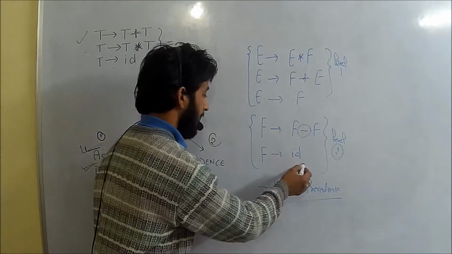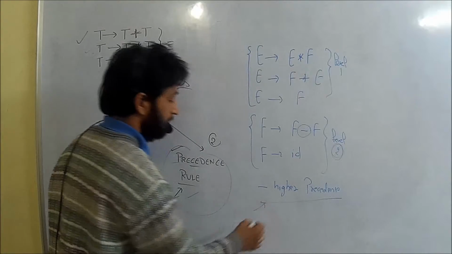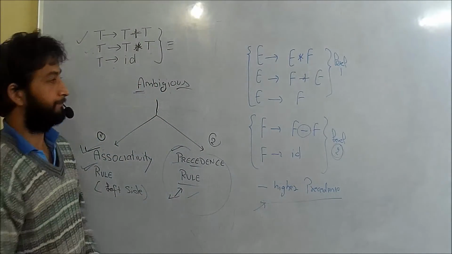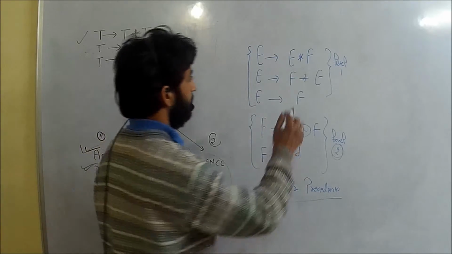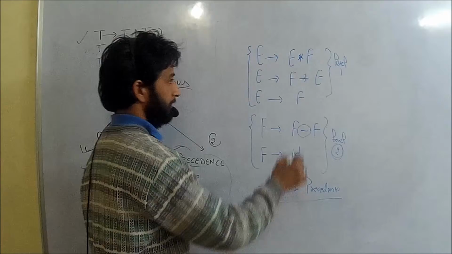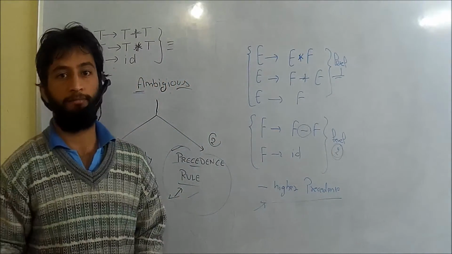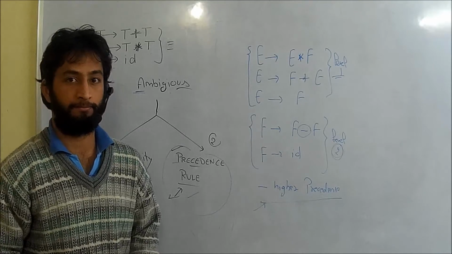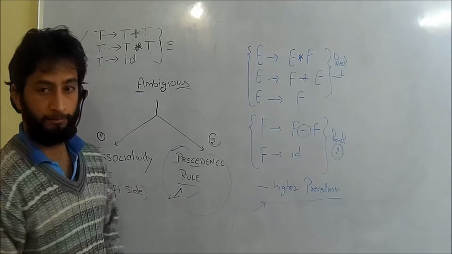Okay, so as per the rule of precedence, minus will have the higher precedence. Okay, and in the case of star and plus, they lie in the same level, so they have the same level of precedence. Okay, thank you.